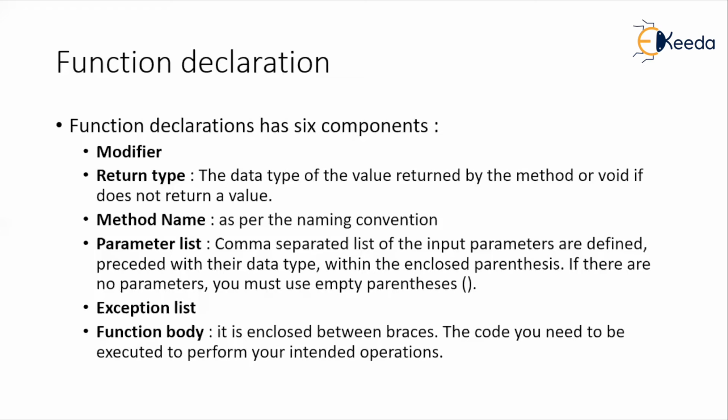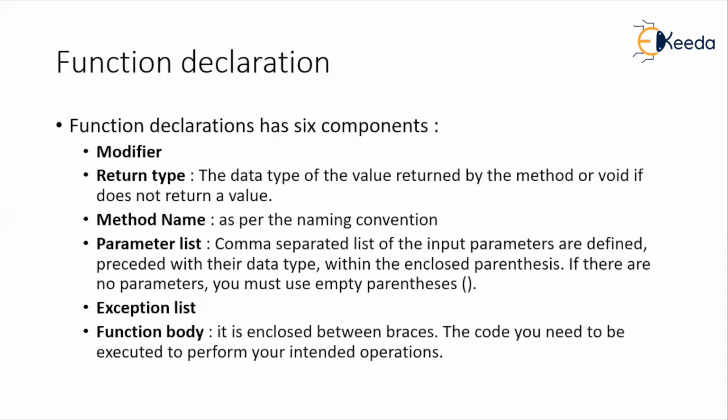So if the function is throwing any exception, one or multiple, that can be specified in exception list. And the last is nothing but the function body. This is the implementation, which will be specified within the braces.